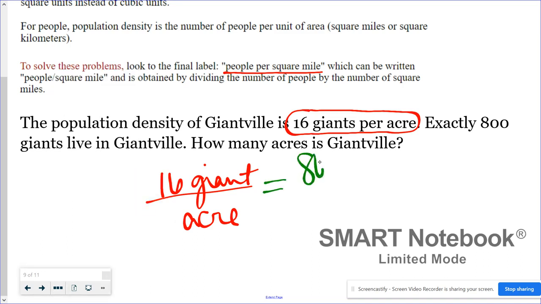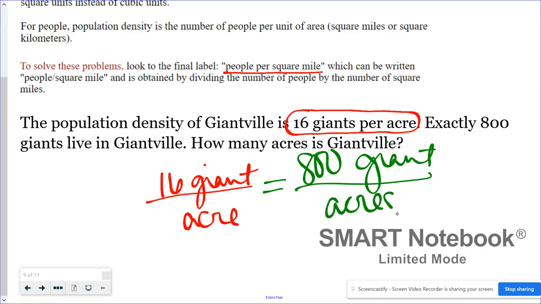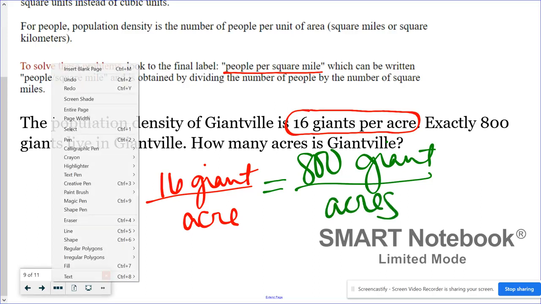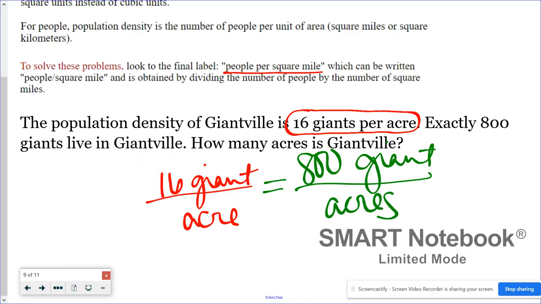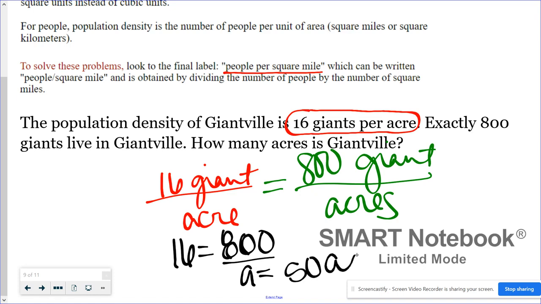If they tell me there are 800 giants there, well, that would go on top. The unknown number of acres is on the bottom. Okay. So to write this a little bit more simply, I'd have 16 is equal to 800 divided by A, the number of acres. And so doing the math here, I would get 50. So 50 acres is in Giantville.